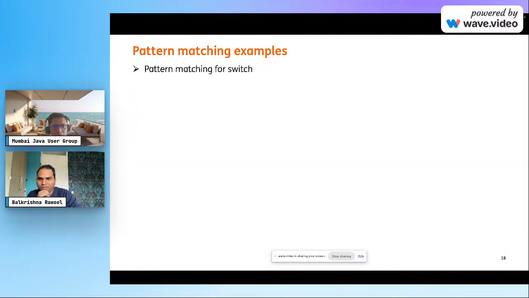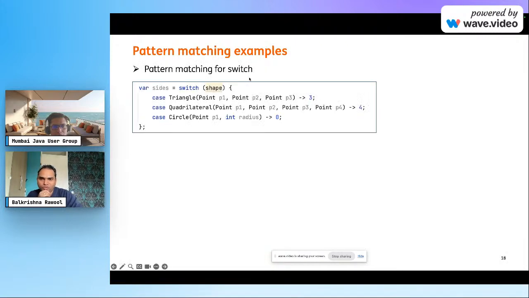Okay, some more pattern matching features. For example, pattern matching for switch. Now, if we use pattern matching in switch, for example, shape, as we saw earlier, could either be a Triangle, Quadrilateral, or Circle. So when we switch over shape, we can identify these three different cases, and for each case, we can write a branch. Shape happens to be a sealed interface with three implementations, so we can write a case for each of those implementations.